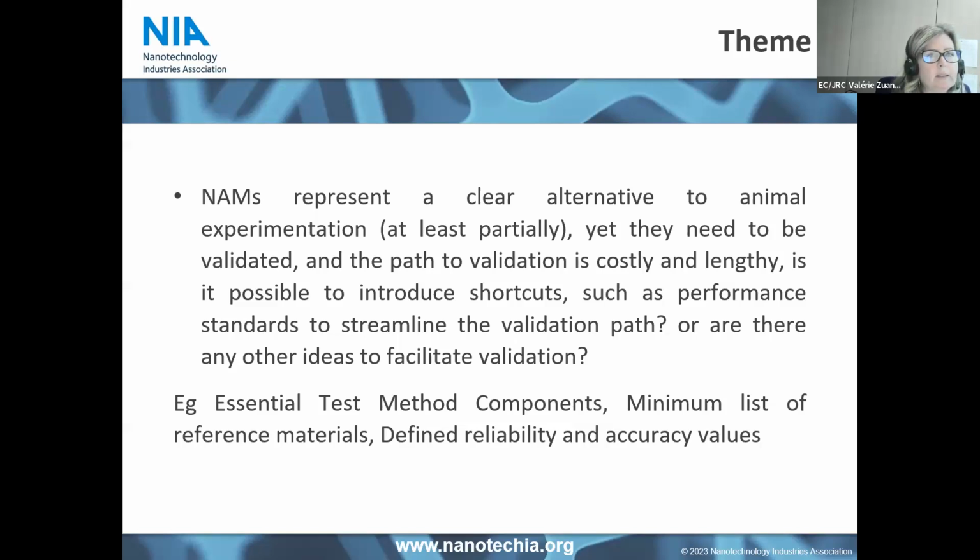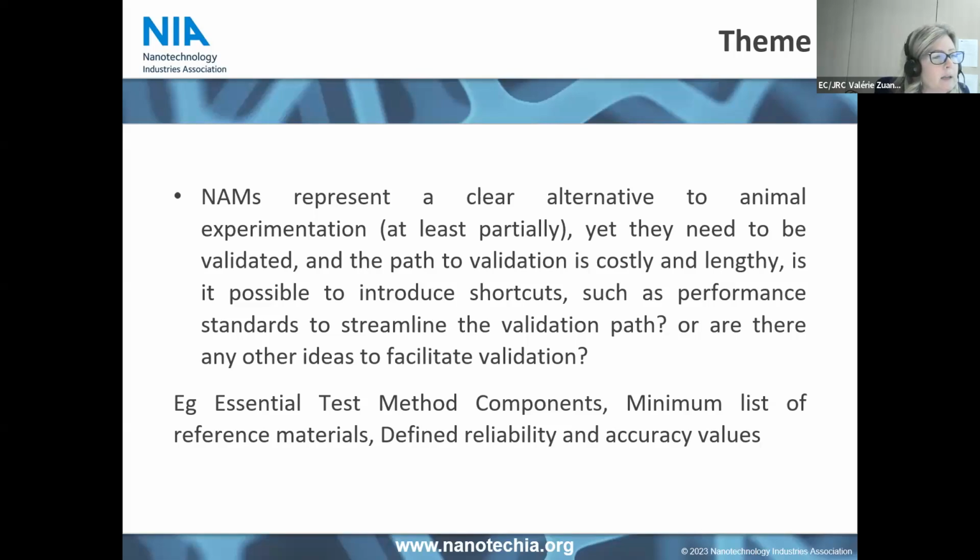Because at the moment, these performance standards are really applied to methods which are almost identical, like in the field of skin irritation, the methods on reconstructed human epidermis models, etc. But we would like to check if the concept could also apply to methods which are not so similar. And we have that already at the OECD.